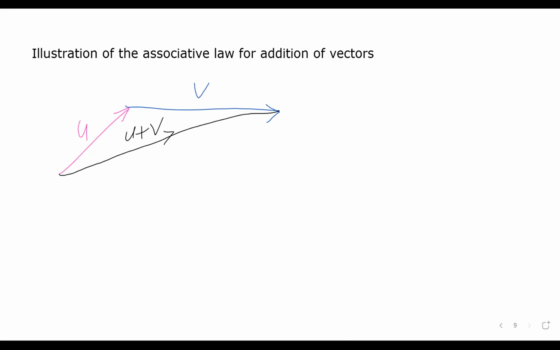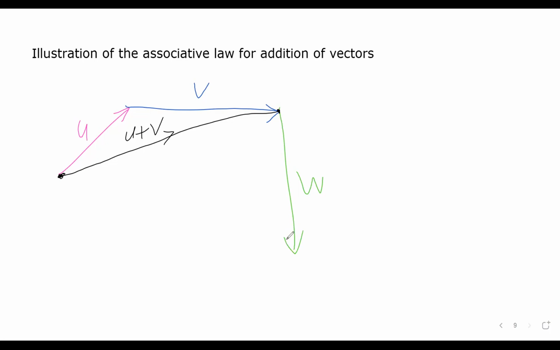After that, we had w. So let's say you add w, and this is w. If I start at the starting point here, and first I do u plus v, u plus v would get me here.